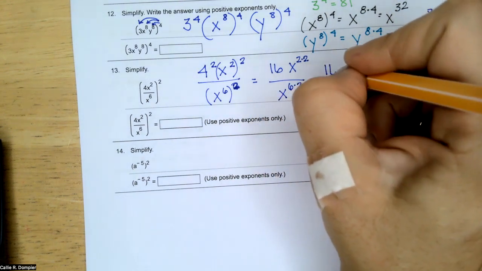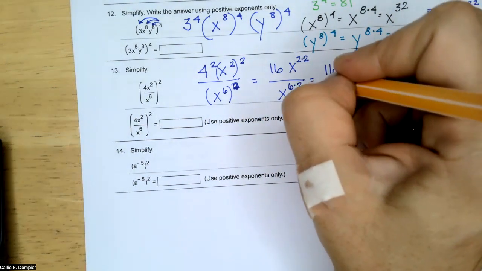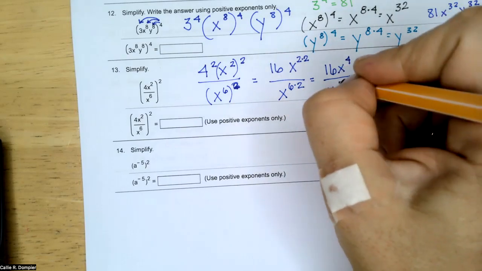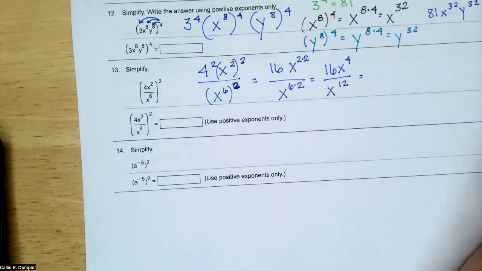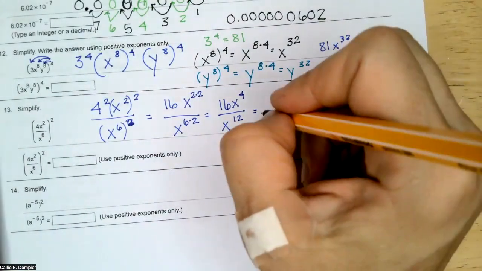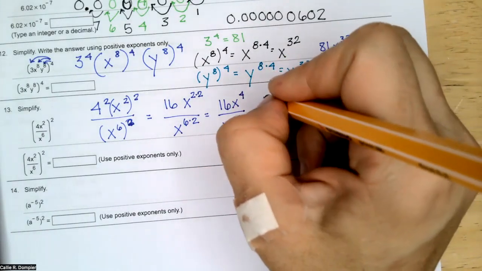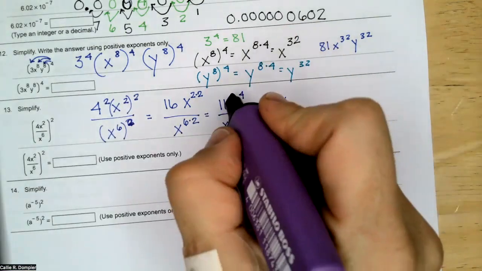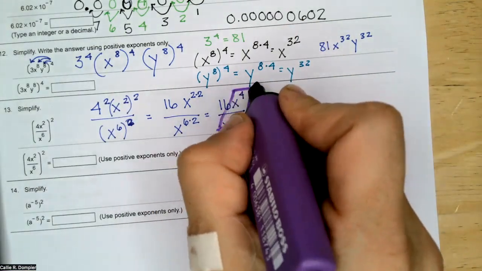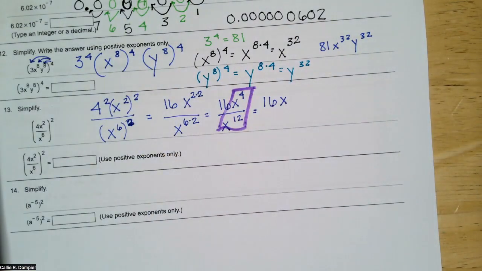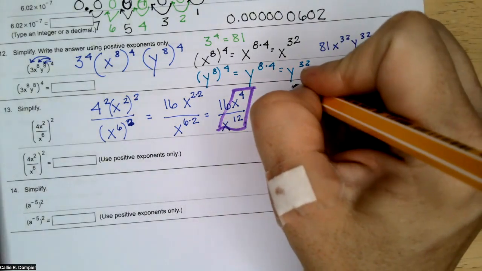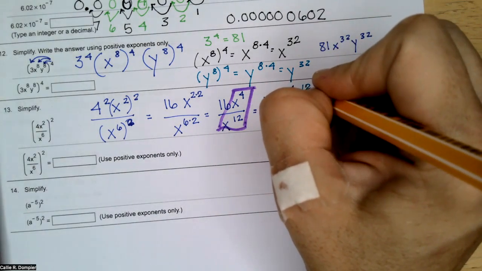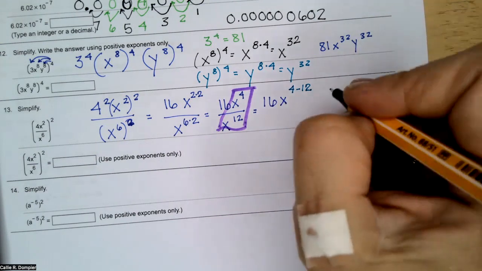So that'll be 16 x to the 4th over x to the 12th, right? And then we're going to keep the 16. If we are dividing x to the 4th power by x to the 12th power, what we can do is say it is 4 minus 12 according to the quotient rule, right?